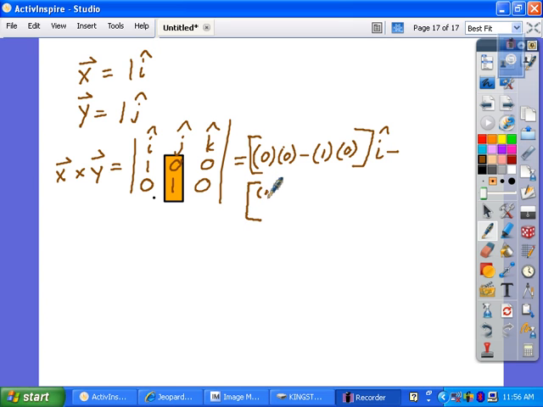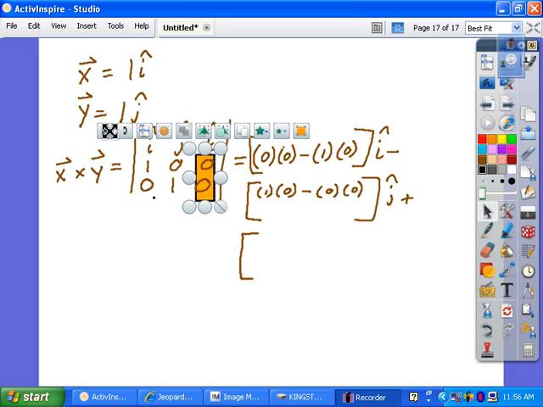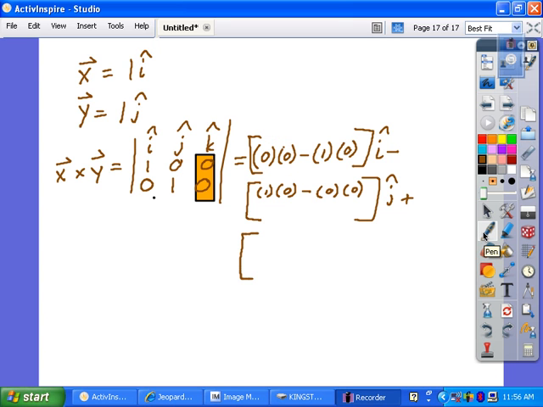It's going to be 1 times 0 minus 0 times 0 in the j hat, plus, move this over by 1, 1 times 1 minus 0 times 0 in the k hat.